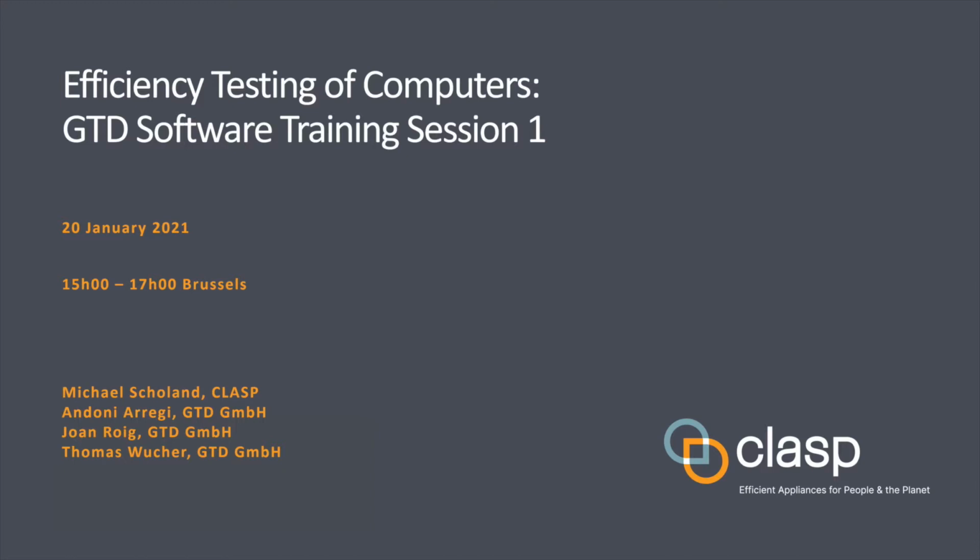So let me go ahead and get started. Just a brief word about CLASP. We are a US nonprofit, non-governmental organization. We work on standards and labeling activities around the world. Myself and my colleague Marie Baton work for CLASP here in Europe, and we have been involved in the eco-design and energy labeling program for about 10 years now.